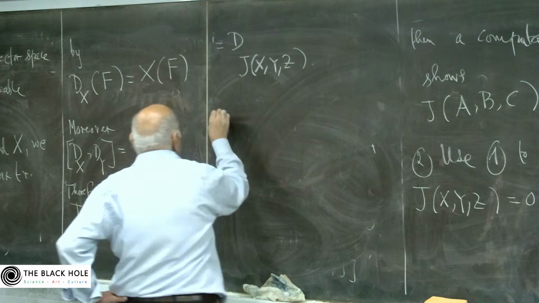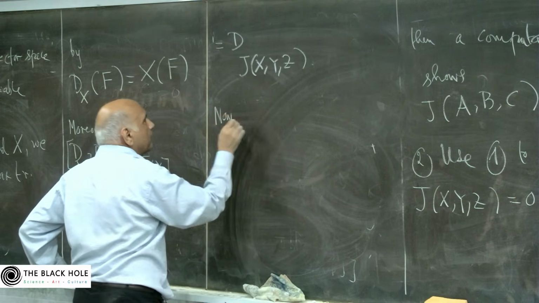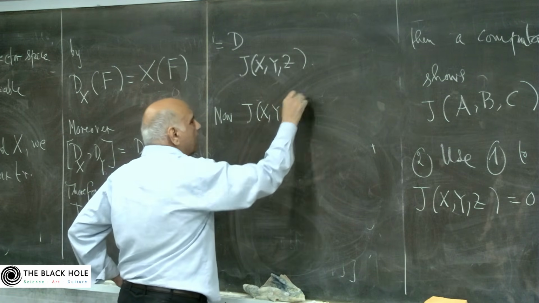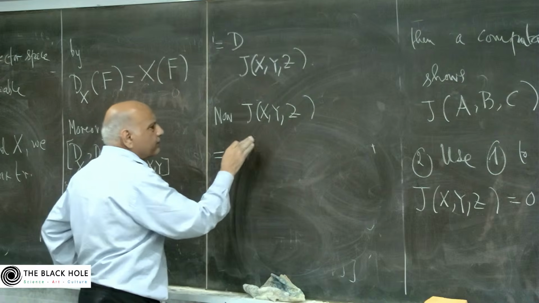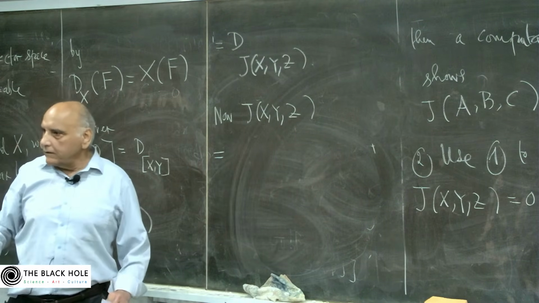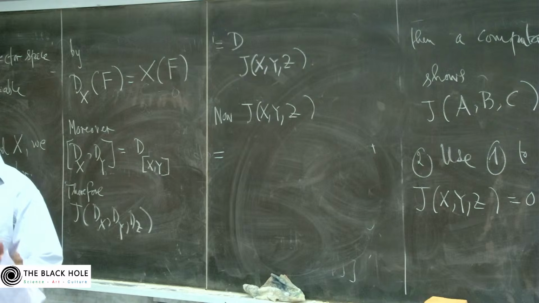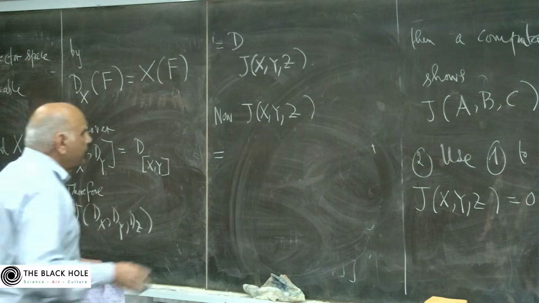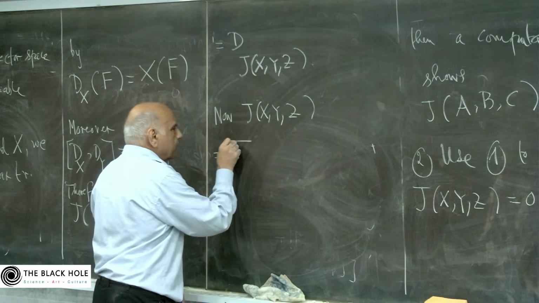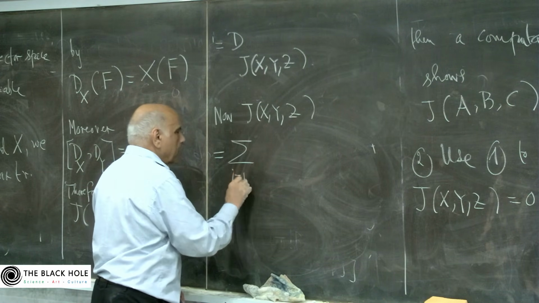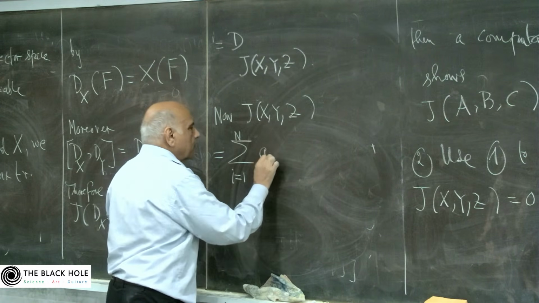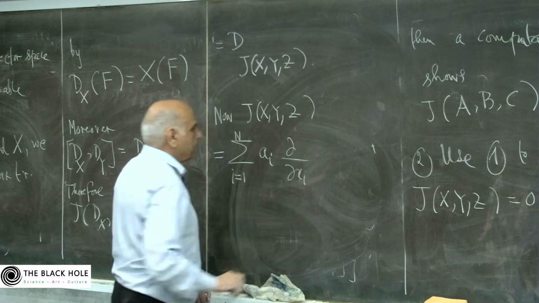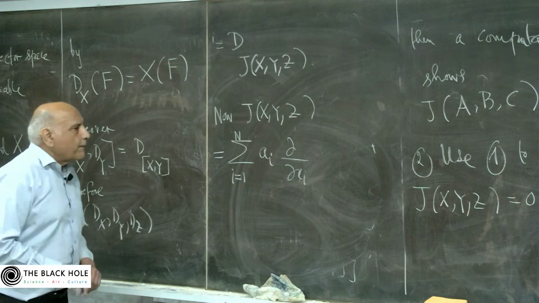Now, this is a vector field, right? Composition of two vector fields was a vector field, right? So J of x y z is sigma, we don't care what, sigma i equal to 1 up to n a_i partial by partial x_i, and now we test it.